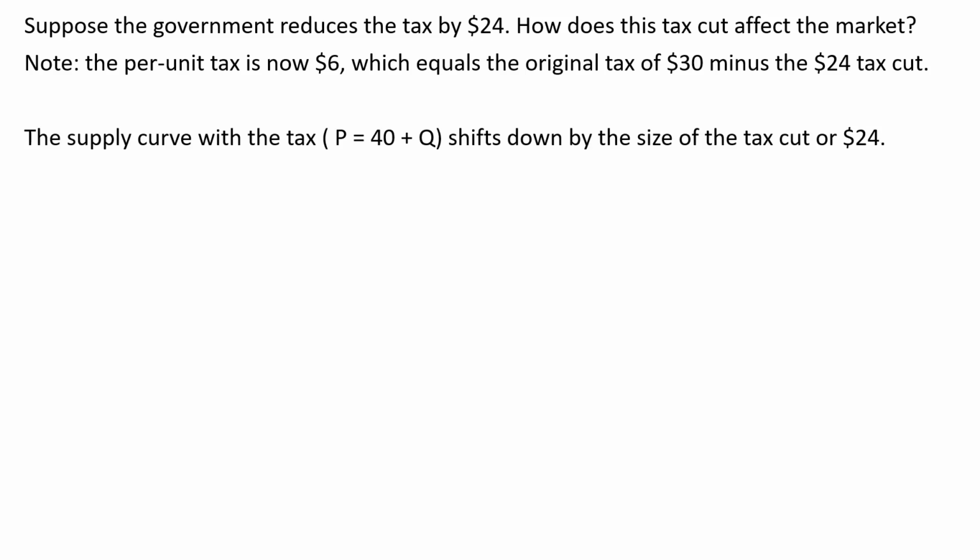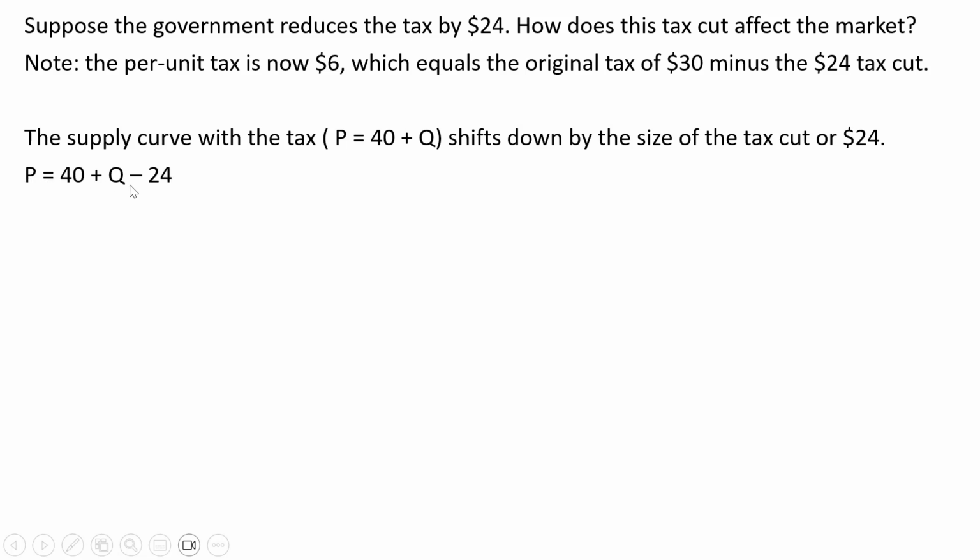Okay, the supply curve with the tax, as we found earlier, was price equals 40 plus Q. That's incorporating the $30 tax. Well, this is going to shift down now by the size of the tax cut, or $24. So let's incorporate that.